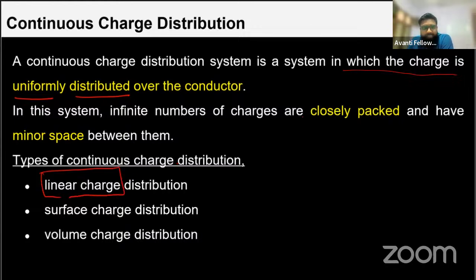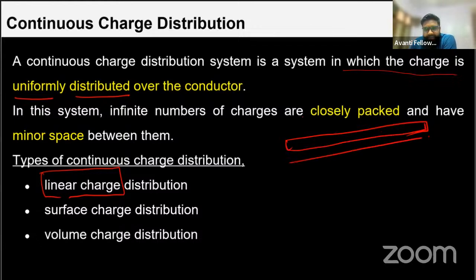Linear charge means we have distributed the charge in a line. And what does line mean? There will be a line, which means another dimension we are not considering. We are only considering the charge in a single direction.